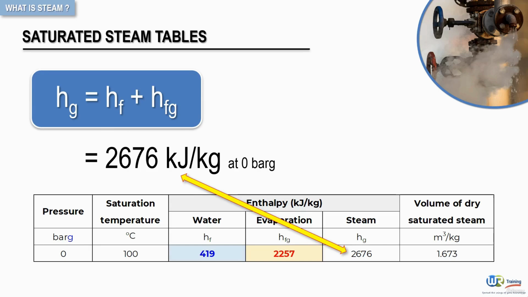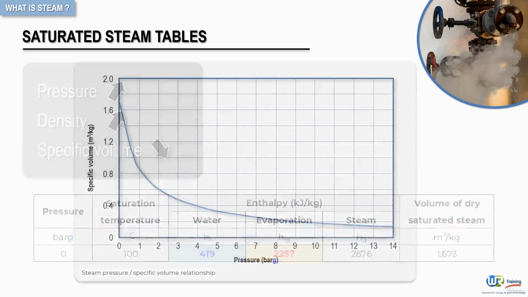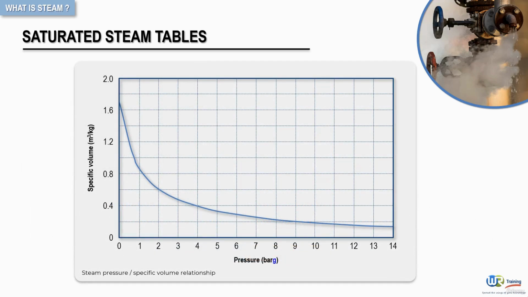As the steam pressure increases, the density of the steam will also increase. As the specific volume is inversely related to the density, the specific volume will therefore decrease with increasing pressure. The following figure shows the relationship of specific volume to pressure.